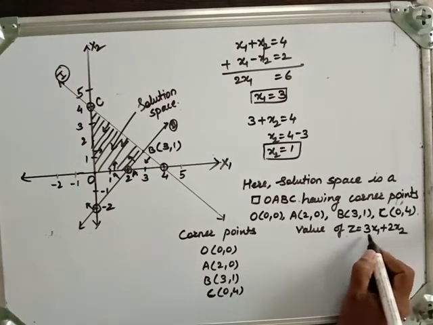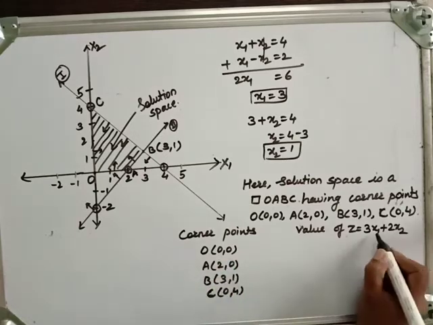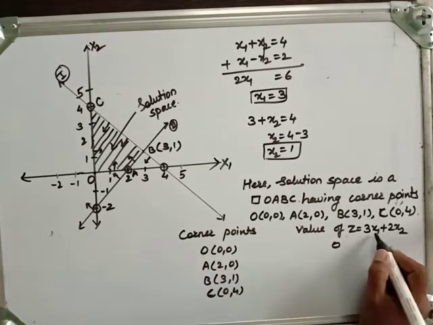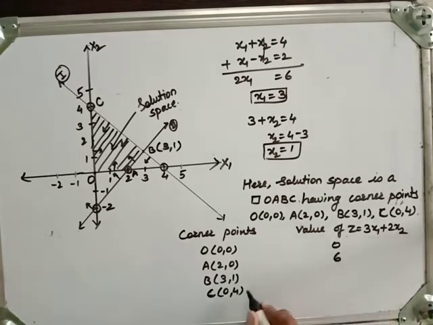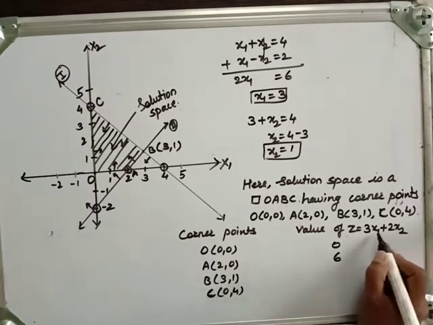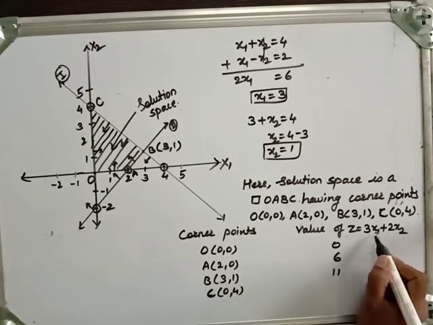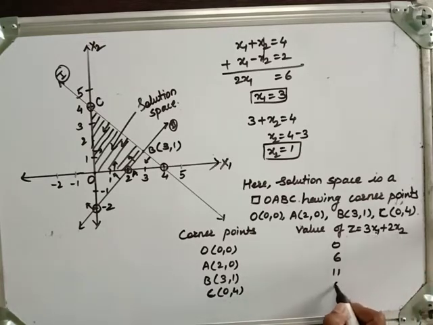Now the value of Z at those points. At origin the value of Z is 0. At A, 2 comma 0, the value of Z will be 6. At 3, 1, if we put 3 and 1 here, I get 11. And at 0, 4, if I put 0 and 4, then I will get 8.